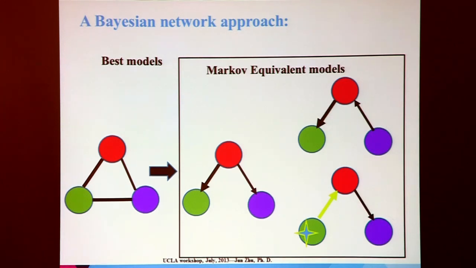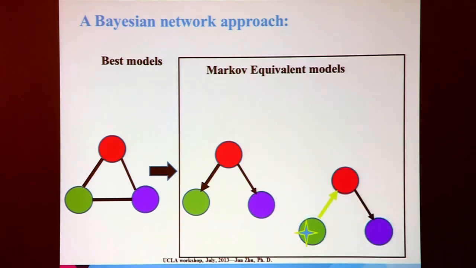Then this model with the biology, they're not equivalent anymore, because of the other structure. So this one and this one, based on this edge, are biologically not possible. So there's the Markov equivalent. You end up being able to select one structure among these Markov equivalent structures based on the biology data.